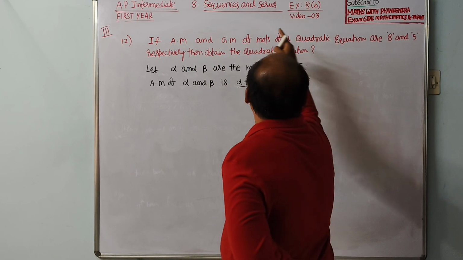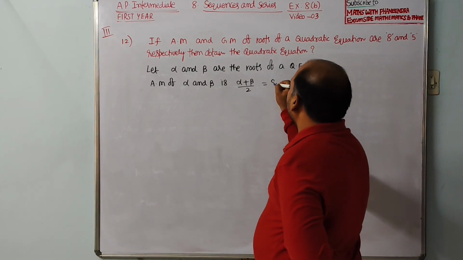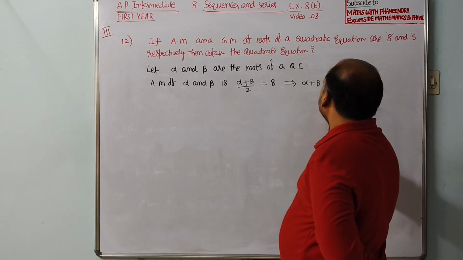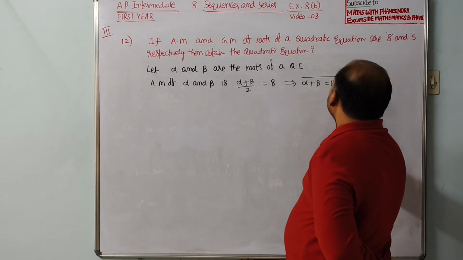So AM is 8, arithmetic mean. So that implies that alpha plus beta is equal to how much, dear students?